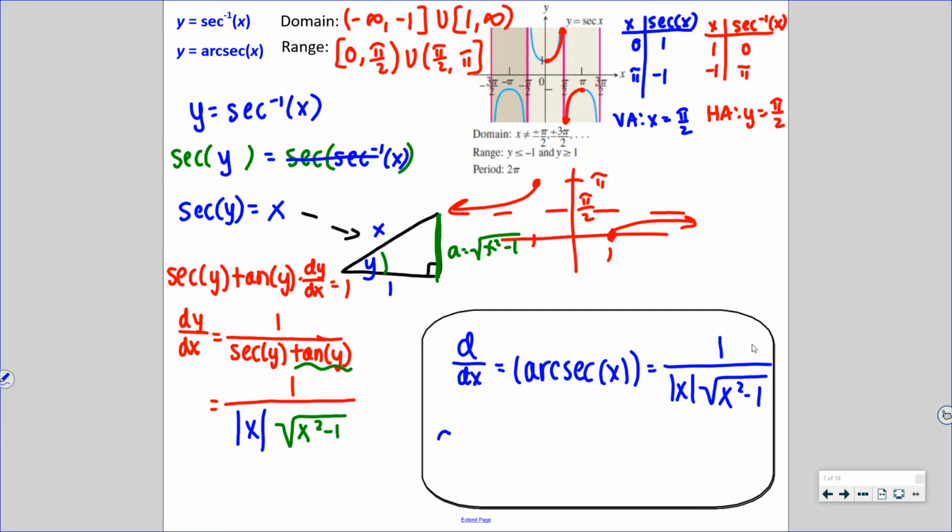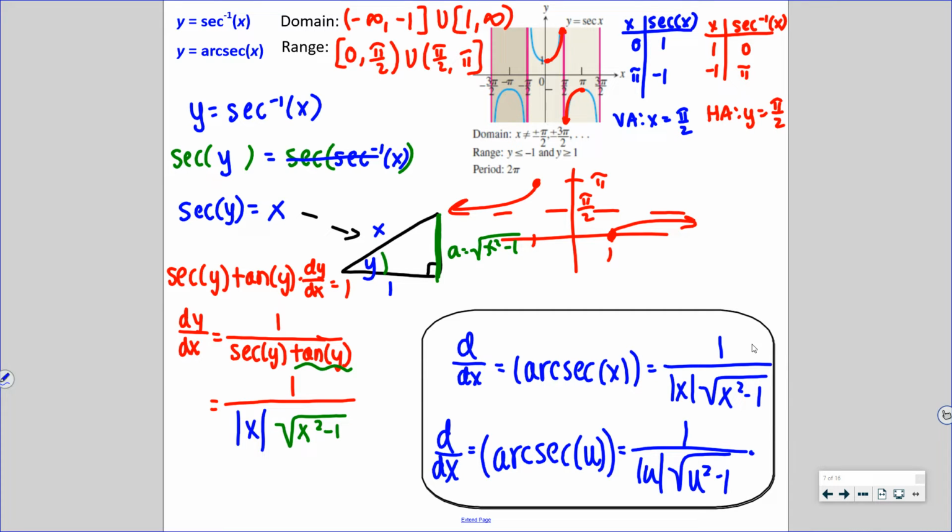And if we have something else that we're taking the inverse secant of, we'd have to apply chain rule: times du/dx. There we go. Okay. So we'll try one of these pretty easy examples, and then we'll go through the other three.